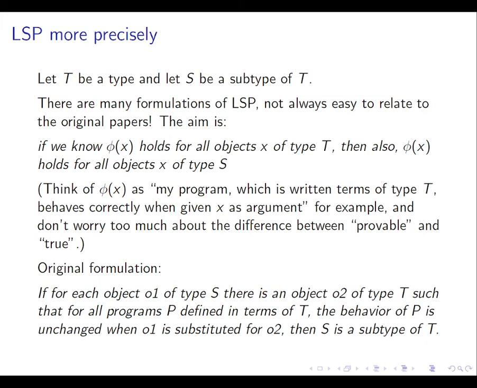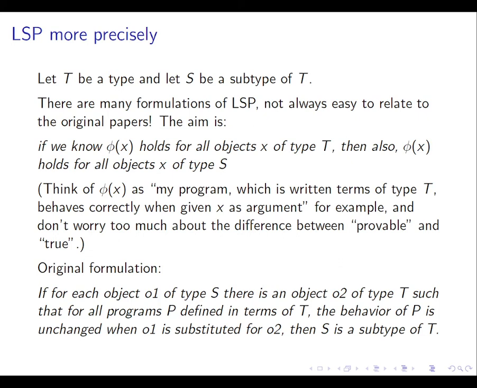Okay. So what we're saying here in our specific case is, if you can take any object of type special customer, then whenever we have a client which is defined in terms of customer, we can find some customer object which will behave exactly the same way as the special customer object we started with in that client that was written in terms of customer.